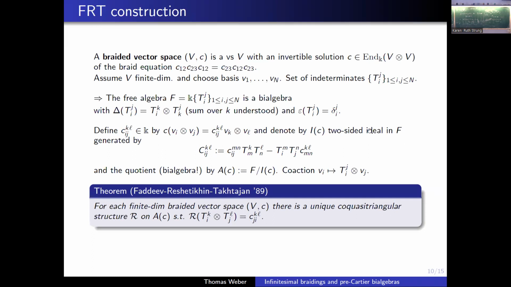So this goes like this. You are starting with a braided vector space, which is just a finite dimensional vector space with an invertible solution C of the braid equation that is written here.